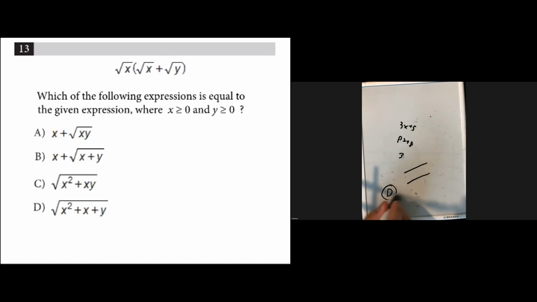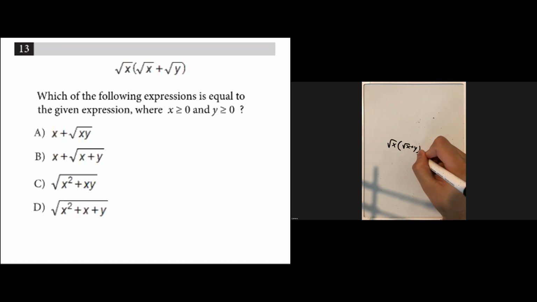All right, so for this one, we're given root x, start parentheses, root x plus y, and it's asking which of the following is equal. For this one, we would just multiply out root x.